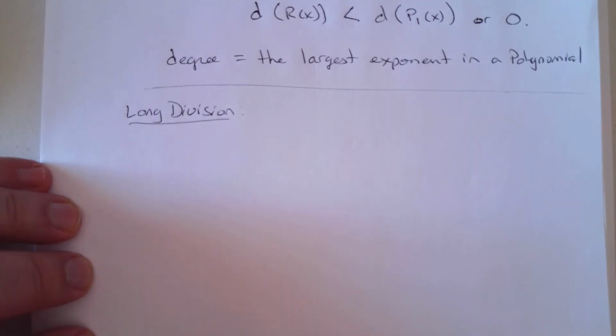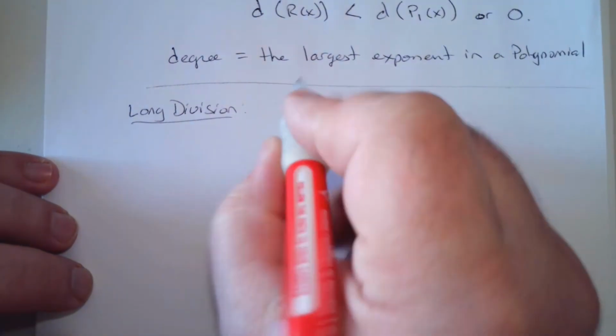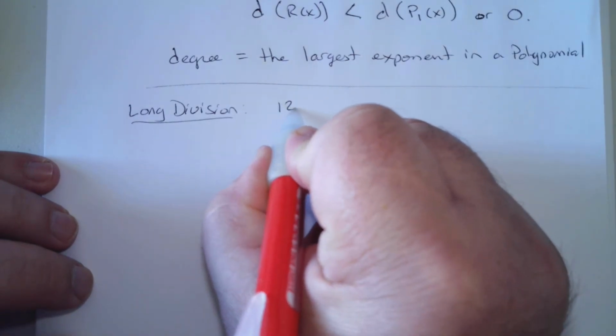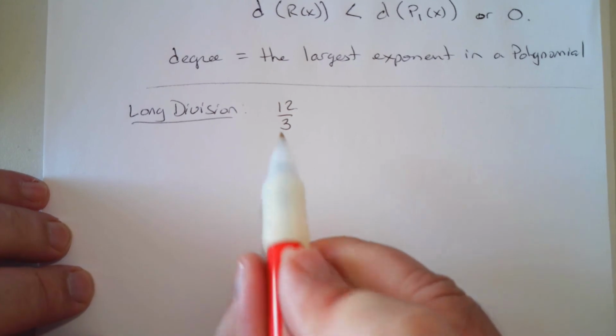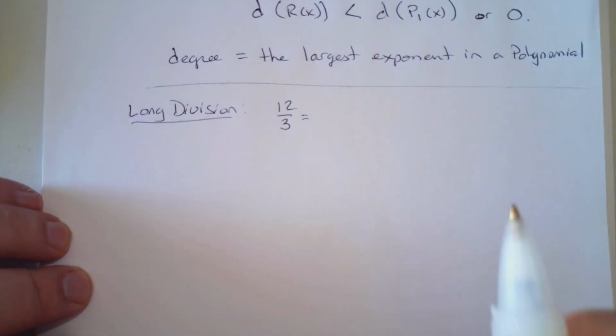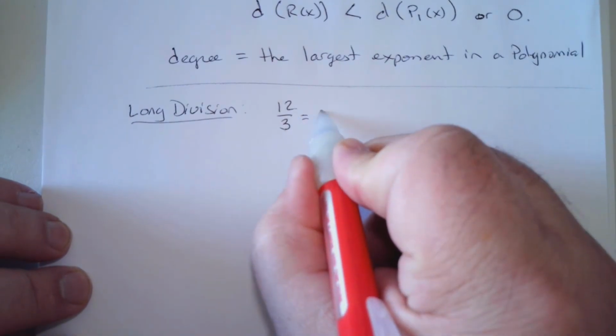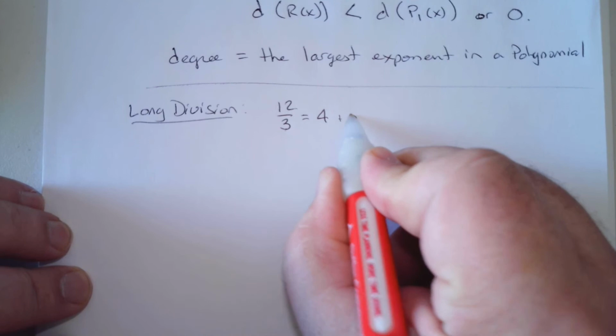You've actually done long division before. If you think about that, it's 12 divided by 3. That's the p of x, that's the p1 of x. It equals what? 12 divided by 3 is 4, with no remainder.